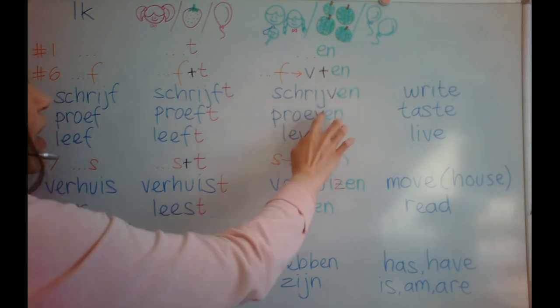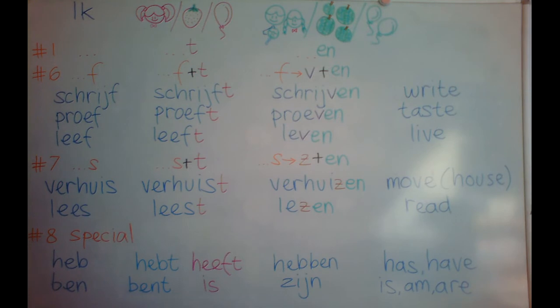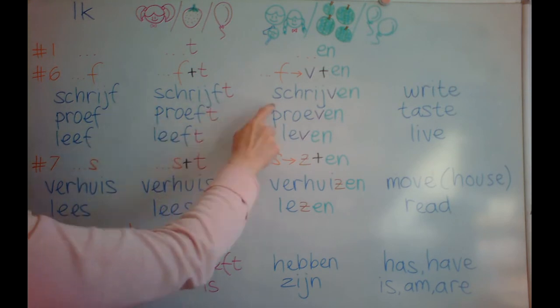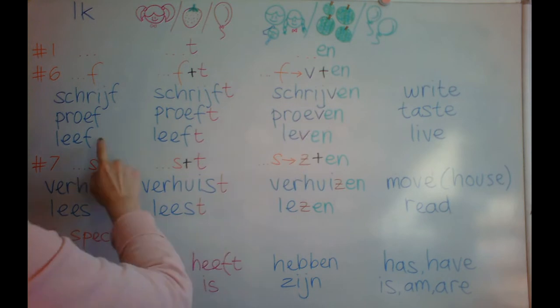This is V in Netherlands. Still F, F become V, F, F, V, F, F, V.